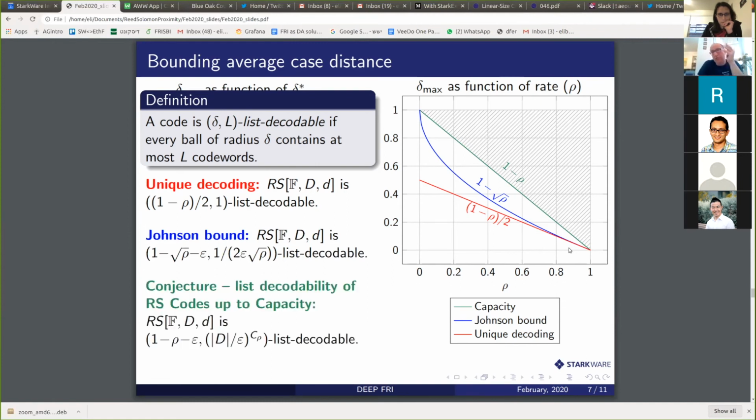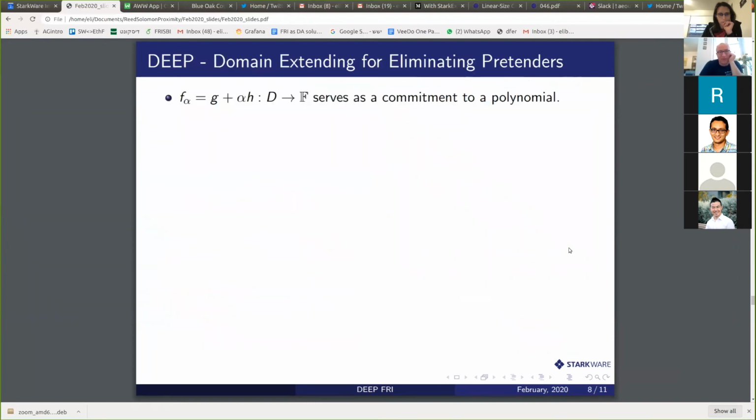And the conjecture we make, which doesn't contradict anything we know, is that you can list decode with small list size up to capacity, 1 minus rho. That's the conjecture we use in basing DEEP FRI on having lower query complexity.